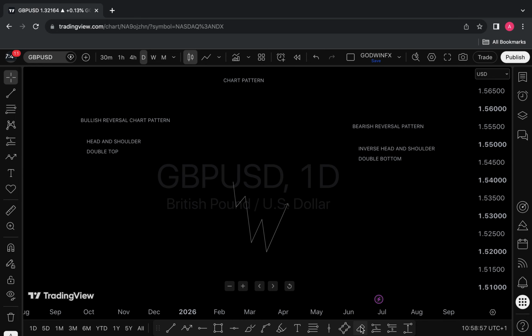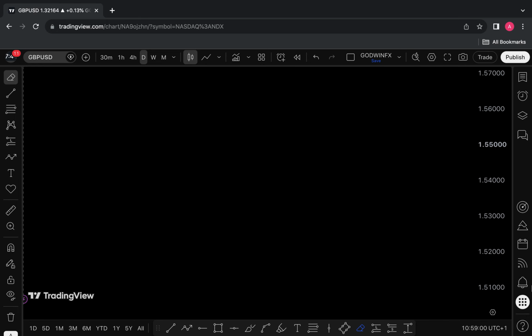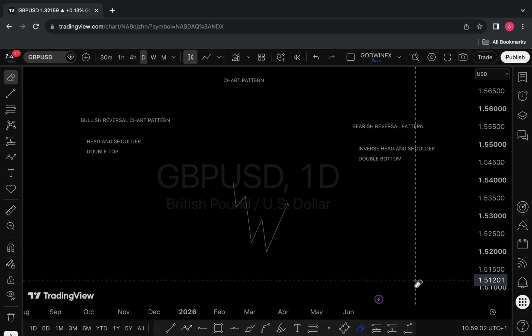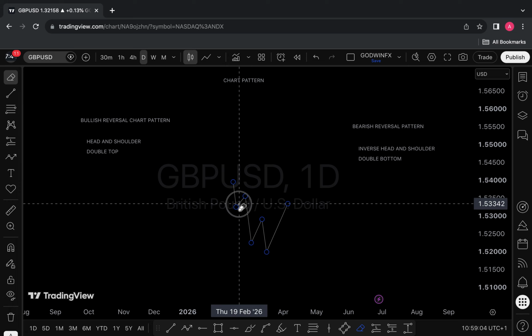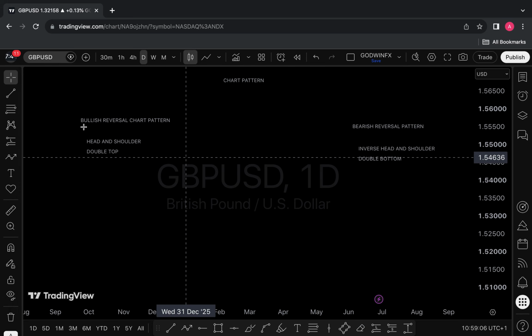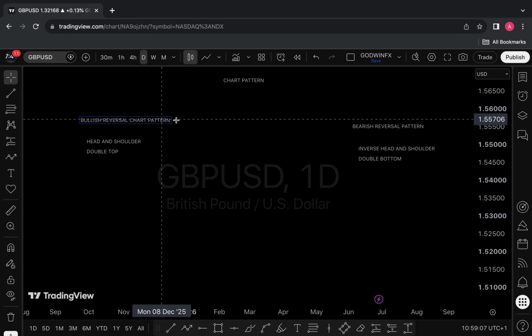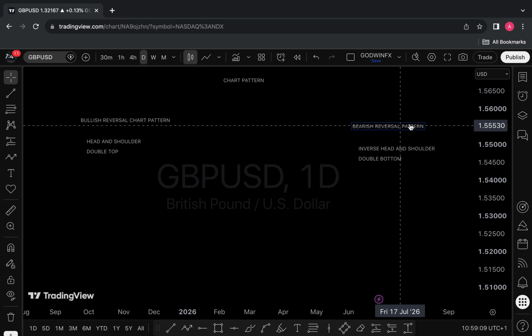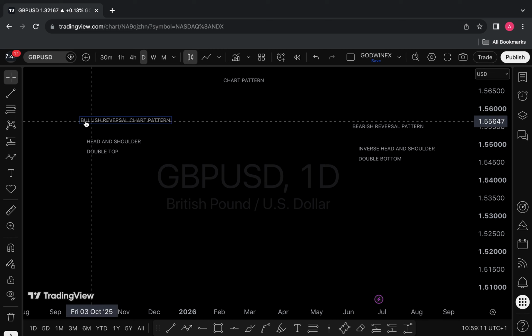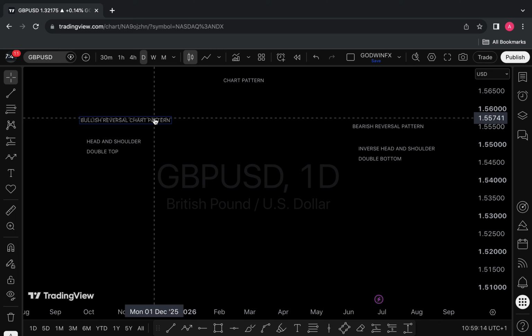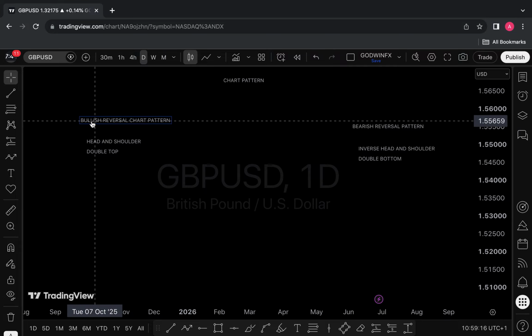So now let's talk about the types of chart pattern that we have. We have two types: the bullish reversal chart pattern and the bearish reversal chart pattern. Even without explaining, you should know that bullish reversal chart patterns are patterns that reverse a bullish trend. An uptrend is a bullish trend.